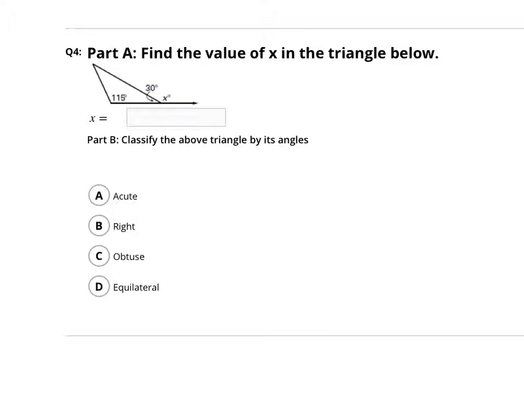Question 4. Similar thing, a little different though. We want to find out how many degrees this outside angle here is. So we have 115 and 30 degrees. You know 2 angles. If you subtract those from 180, you're going to have this third angle right here.